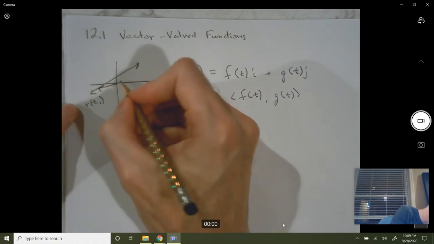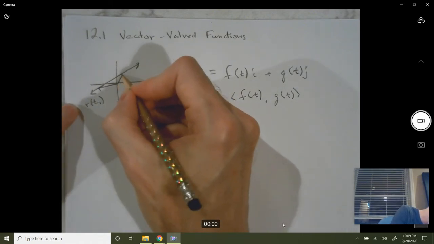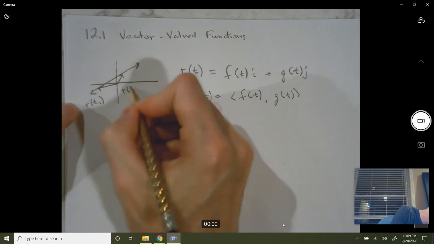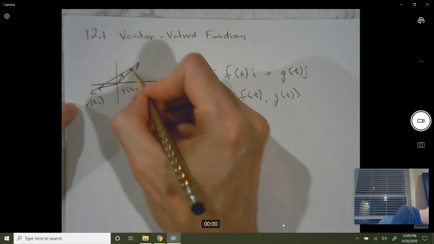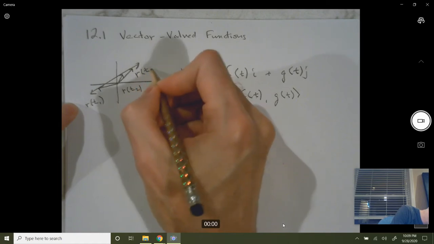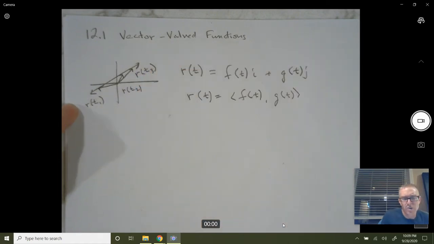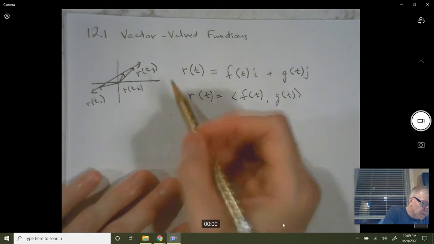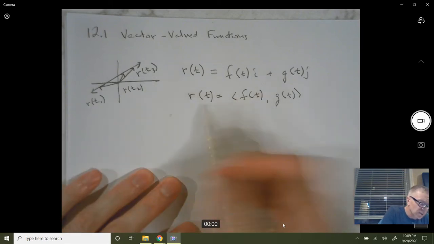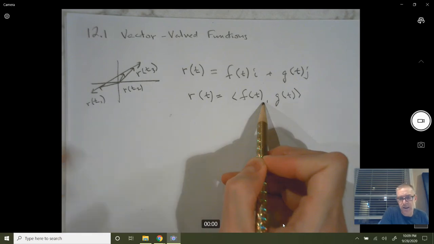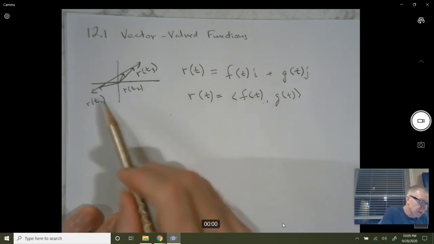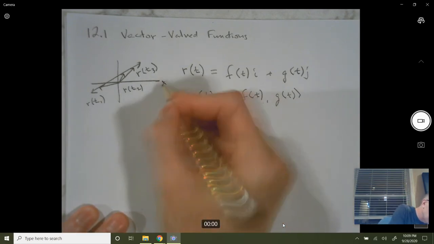Then you would have another vector, r of t2. Another vector, r of t3. In this case, I just drew a line. But basically what this vector valued function does, it's going to trace out a curve or a line, really any kind of curve, in your 2-dimensional space here.